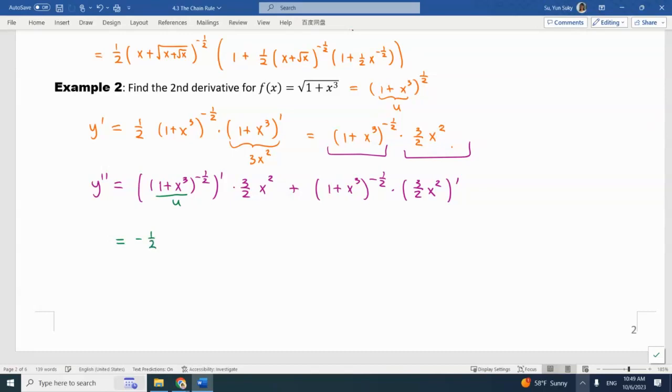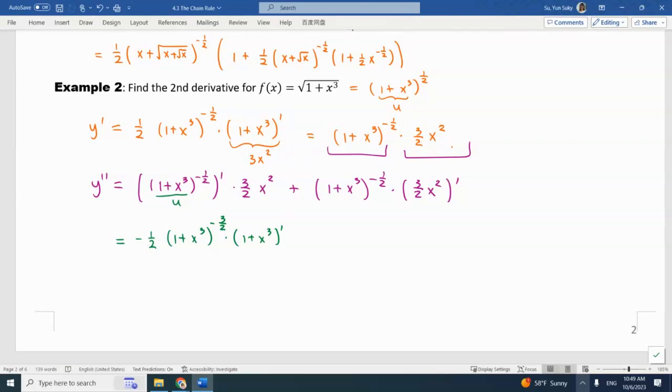Minus 1/2, right? And then u to the what? Negative 3/2. Yes, everybody? And then times u prime. Is that okay, everybody?